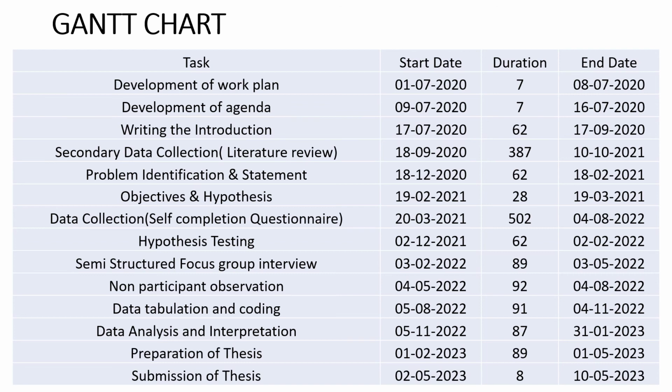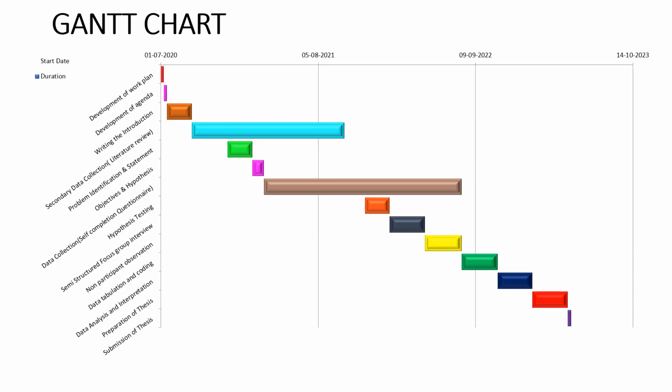And then all these things are plotted on Excel with the help of Gantt charts. So first a WBS is created, and then a Gantt chart is developed to display the proper WBS.